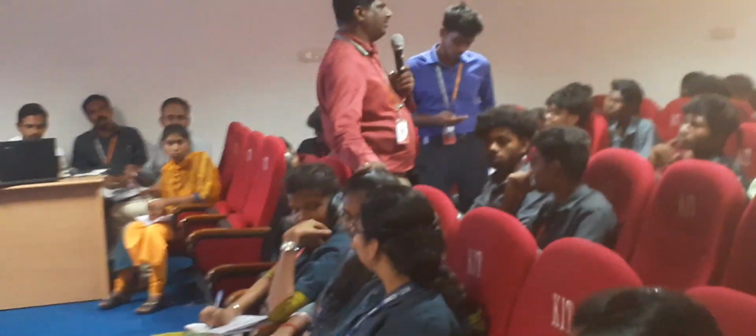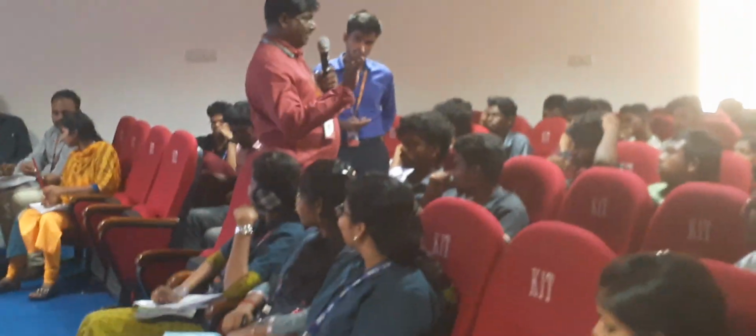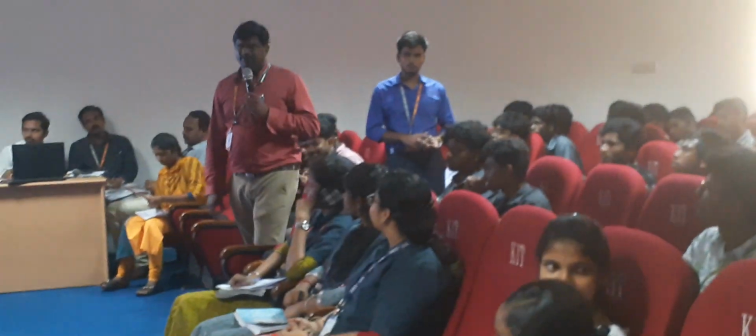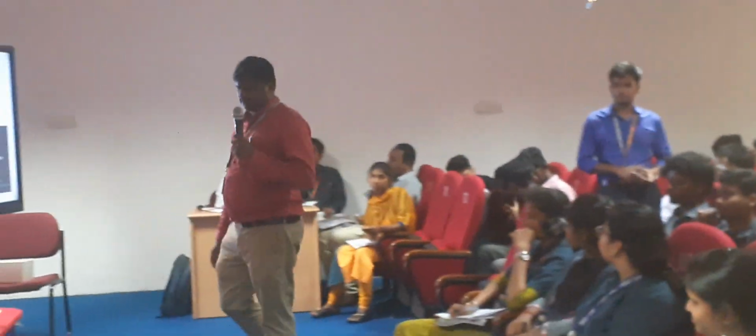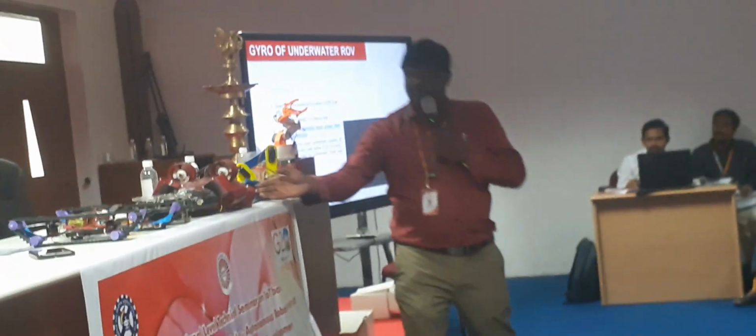Unmanned aerial vehicle. Okay. Drones, unmanned aerial vehicles, all are similar things. Such unmanned aerial vehicles all come under the category of robotic systems. This is one of the robotic systems made by our students.